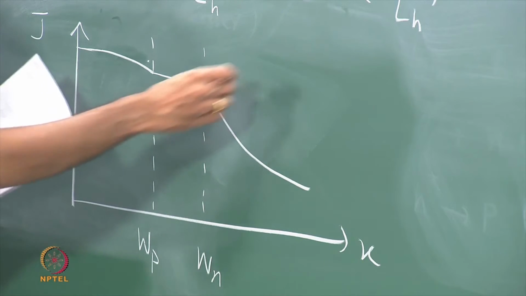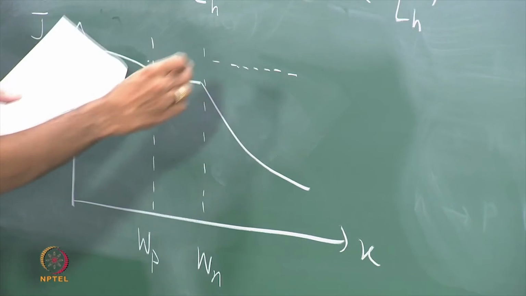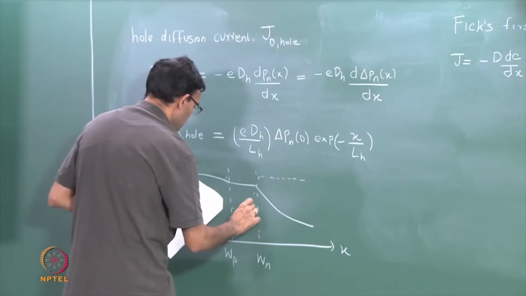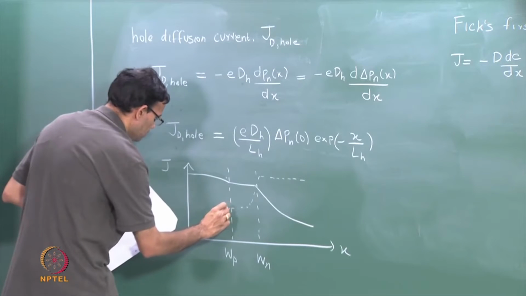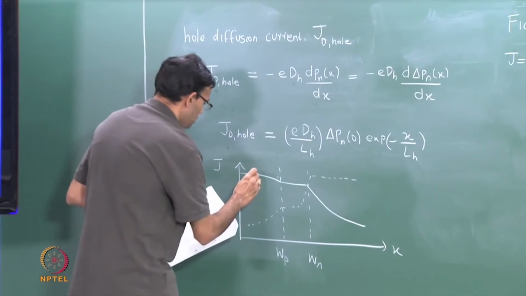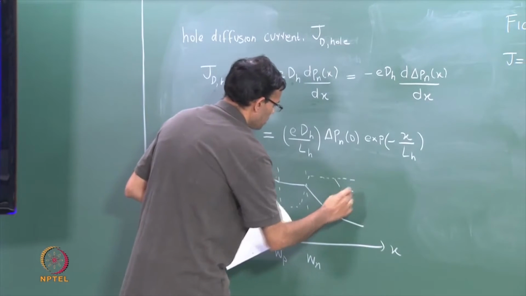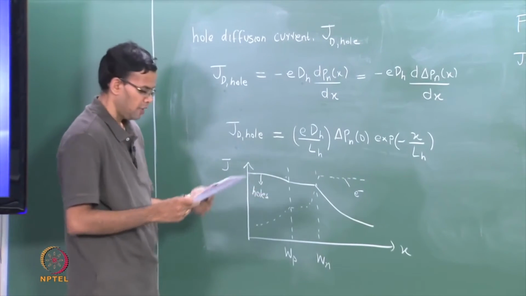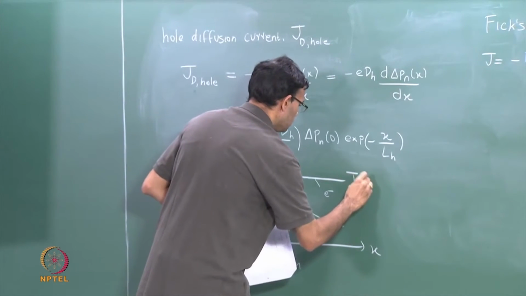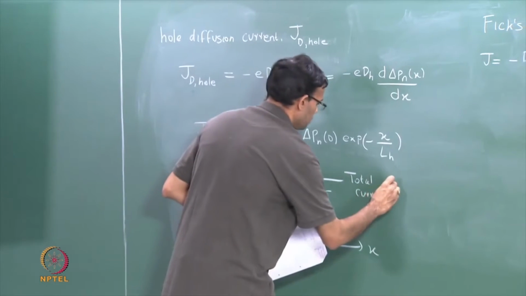Same way for electrons, electrons are majority carriers on the N side, then it starts to drop, and then finally it becomes a minority carrier on the p side. So these are your holes, these are the electrons. But if you add both of them to get the total current, it is a constant.